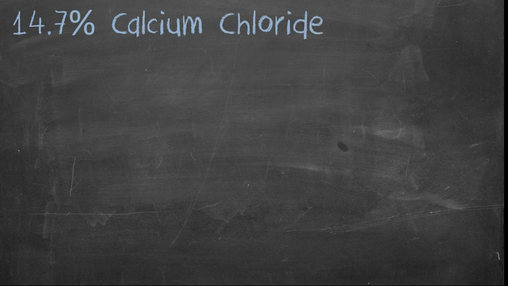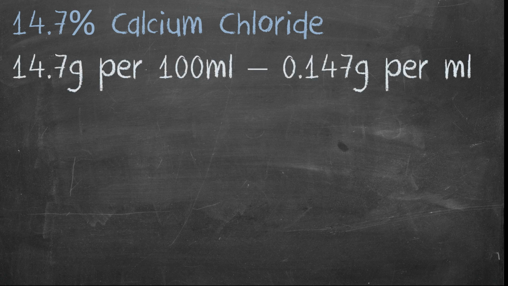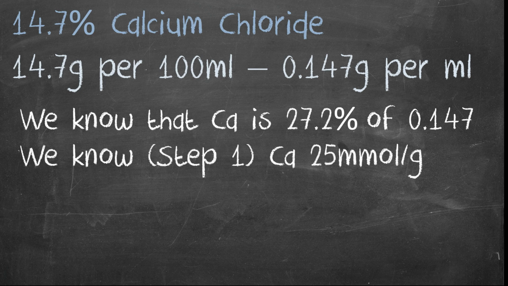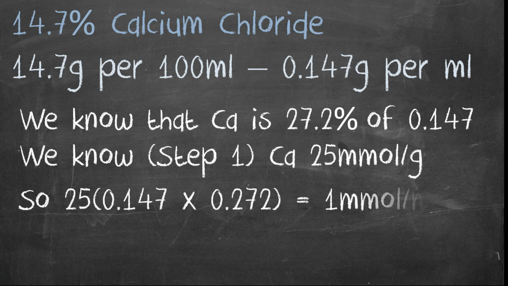And now working to look at calcium chloride 14.7% solution, we have 14.7 grams per 100 mils, or 0.147 grams per mil, and we know that calcium is 27.2% of that, and that's 27.2% of 0.147, and the calcium is 25 millimoles per gram, so 25 multiplied by 0.147 multiplied by 0.272, which is the percentage, equals 1 millimole per mil. 1 millimole per mil.